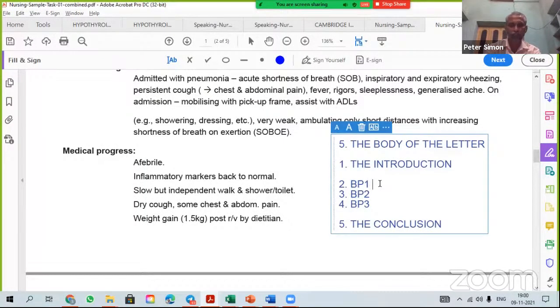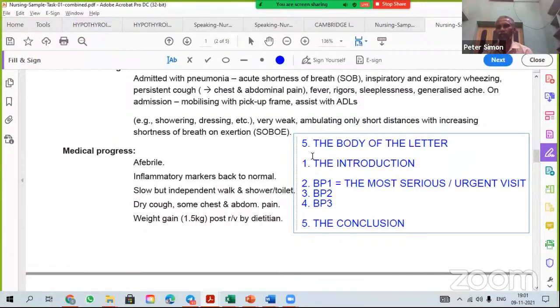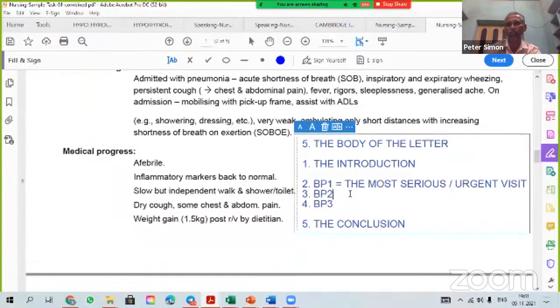The most serious problem, or if it is an urgent letter, the urgent visit. So you can take any one thing here, the primary or the most important.